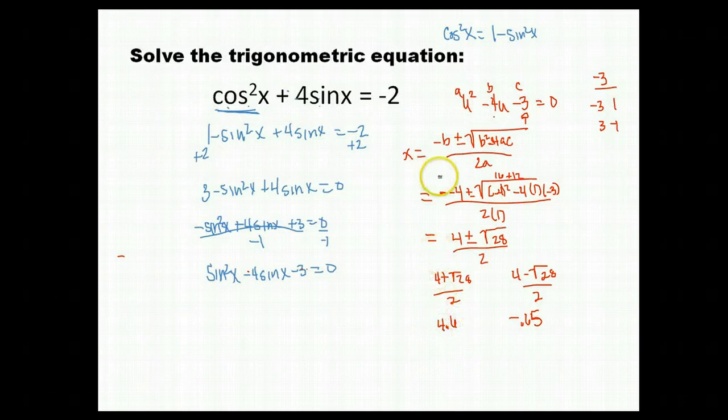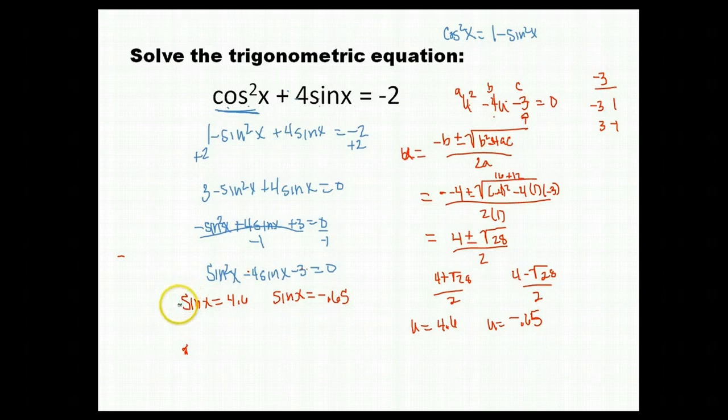Okay. Now remember what we found here is what u was equal to from our problem that we were trying to factor. So we have u is equal to 4.6, and u is equal to negative 0.65. Well, u was representing our sine. So our answers over here are that sine x is 4.6 and sine x is negative 0.65.